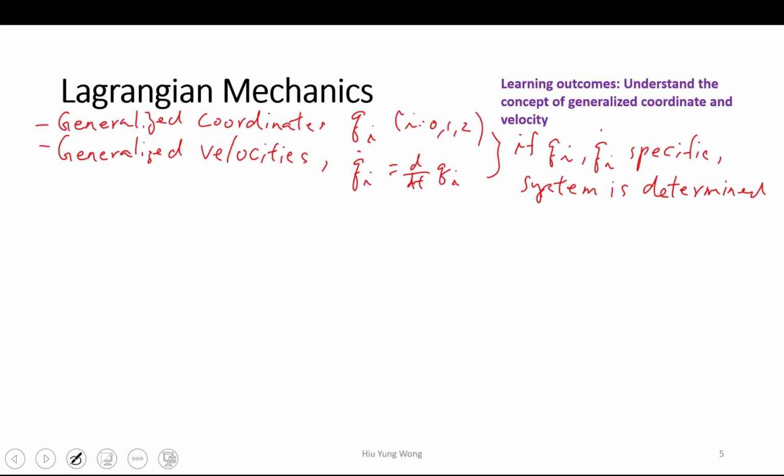Now, here we say that it's based on something called the principle of least action, which we are not going to go through the math of. It's not useful for us. We just want to know the results. We base it on the principle of least action.